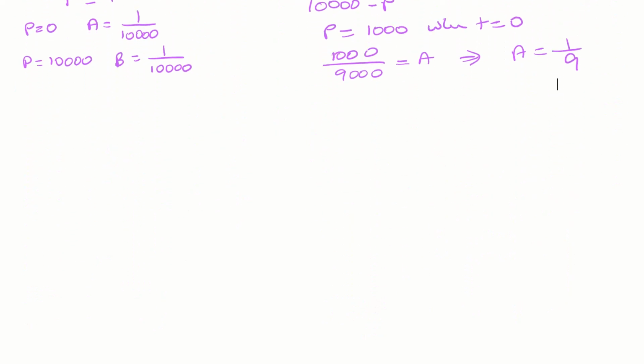Okay, so let's move along, and we'll get P over (10,000 minus P) is 1/9 e to the 0.00001 rt.